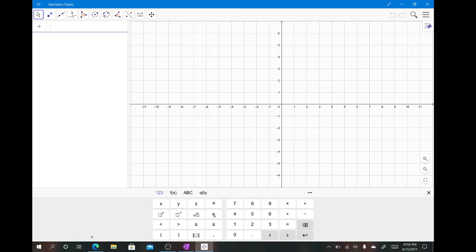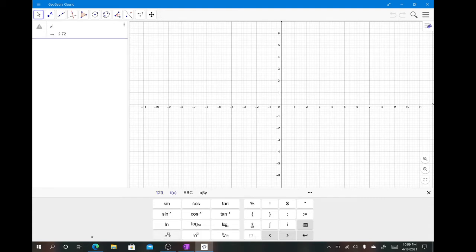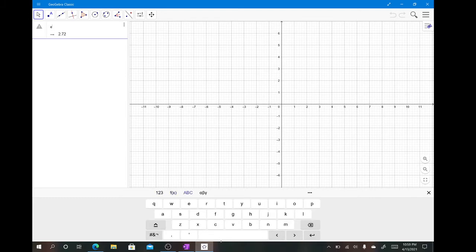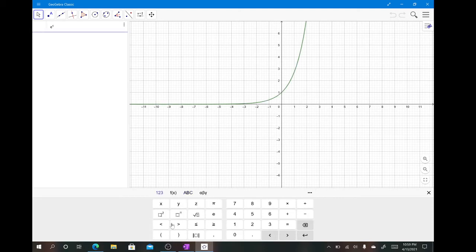So we had e to the x squared, and then the whole thing divided by 2. Oh wait, it was minus. So let me see if I can go back. So some minus here. There we go.